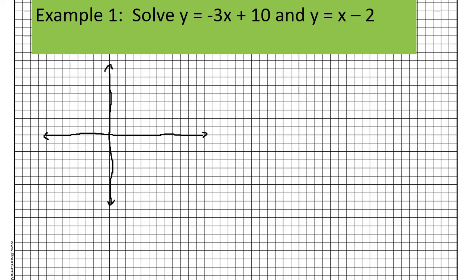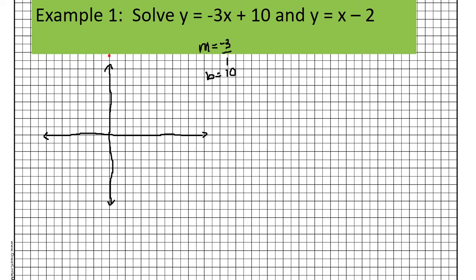Okay, so now let's look at this first equation. We see that the slope is -3, and we can say that's -3/1, and the y-intercept is 10. So that means I need to go all the way up to 10. I hope I drew this big enough. 1, 2, 3, 4, 5, 6, 7, 8, 9, 10. It's going to be all the way up here.